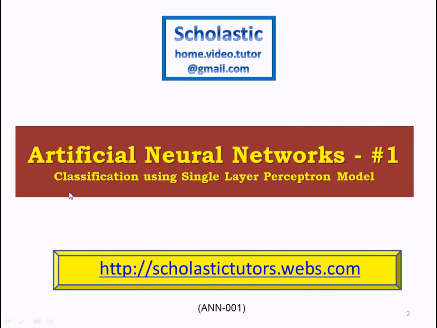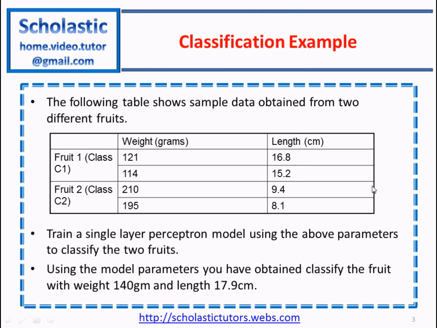In this lesson, we are going to look at classification using a single layer perceptron model. This is a classification problem. The following table shows sample data obtained from two different fruits. Class 1 and Class 2 are fruit 1 and fruit 2, with weight in grams and length in centimeters for the two types of fruits.